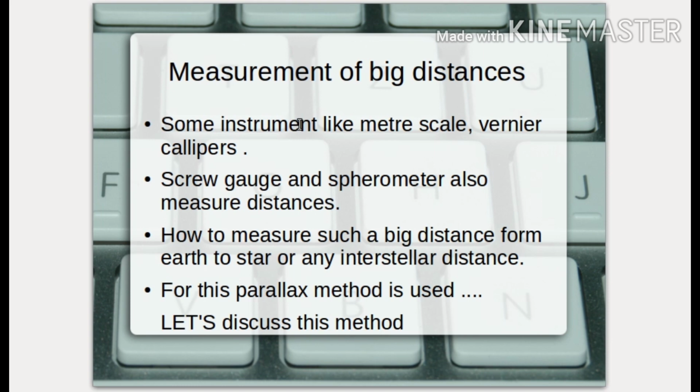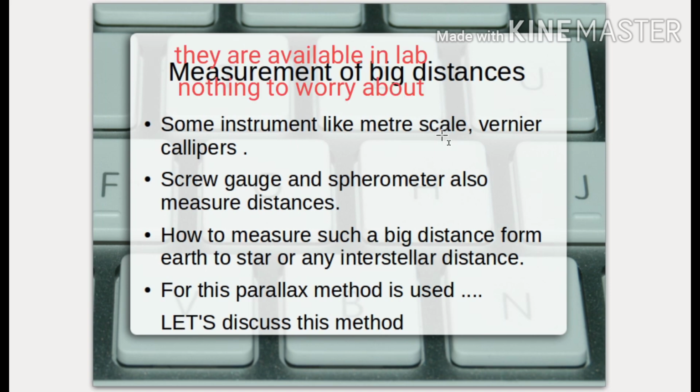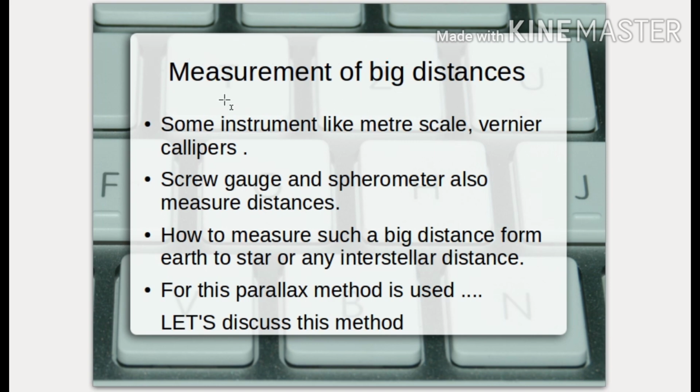Measurement of big distances. So there are some instruments like meter scale, you know about it. You have meter scale, vernier caliper, screw gauge, spherometer. These things are new for you, but soon you will go to your practical lab, and you will find all these things.